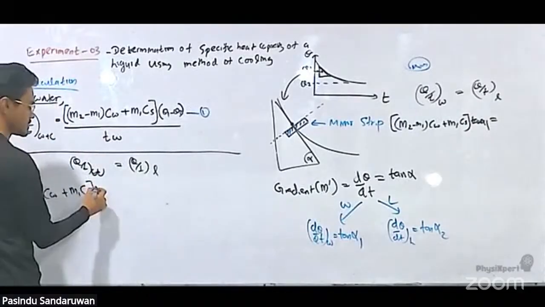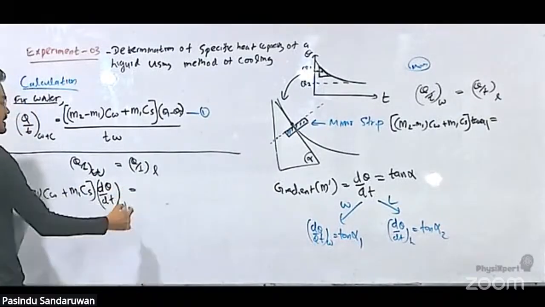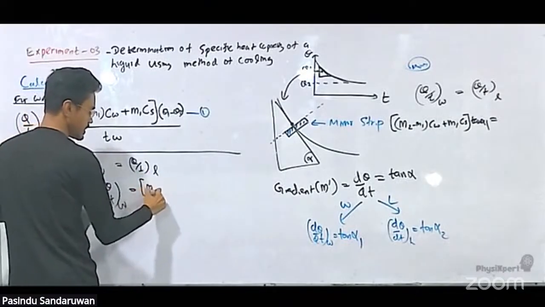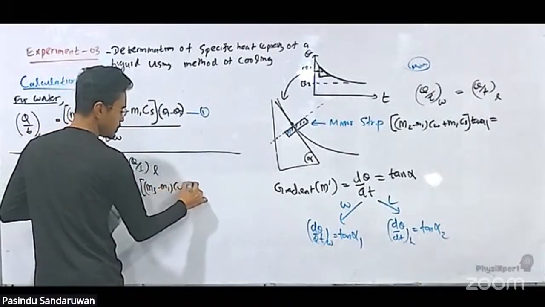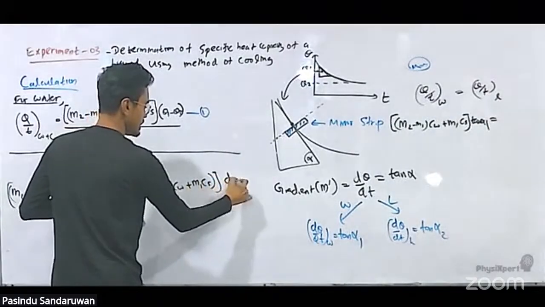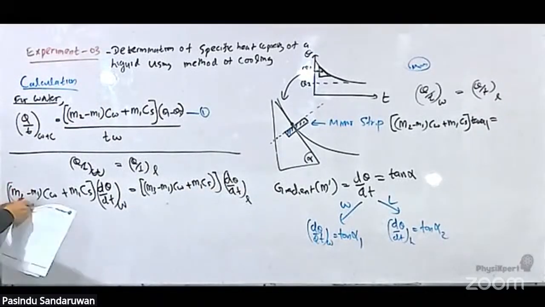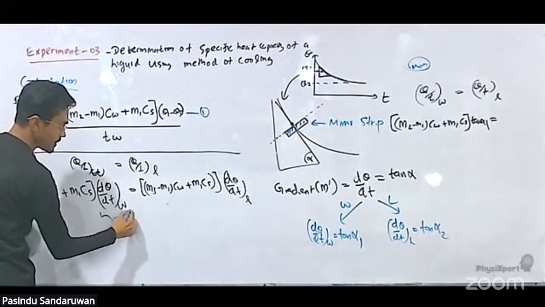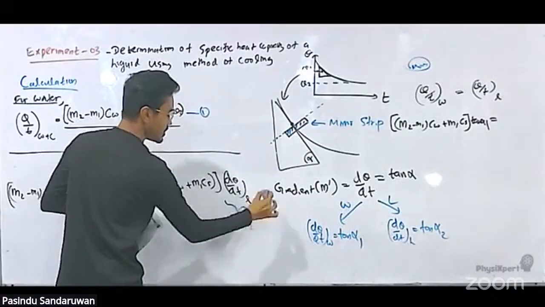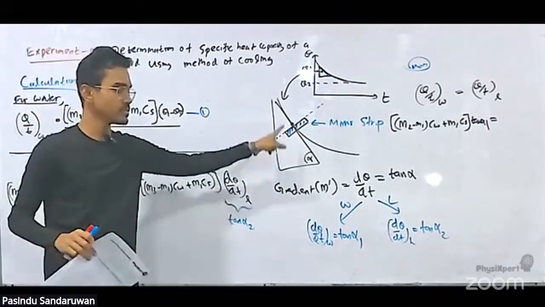Replacing theta over t, here for the liquid: (M3 minus M1) CW plus M1 CS times d theta over dt of liquid, which is tan alpha 2. Tan alpha 1 and tan alpha 2 are known from the gradients.